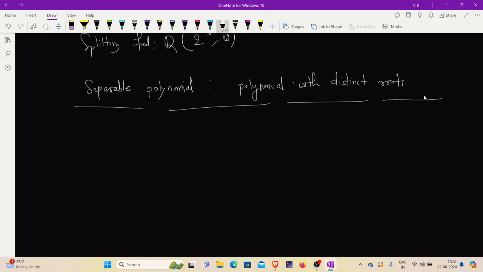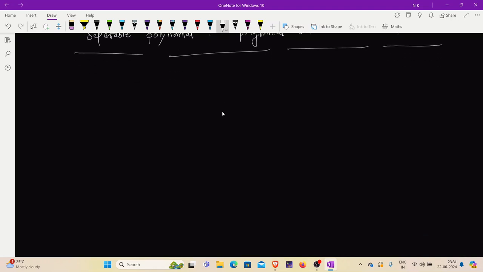So let's now start the proof of our theorem, where we want to find out the size of the automorphism group. Okay, so let me first of all assume the things given to us. Let F be a field as given to us. So suppose this is your F, right? And let f(x) belonging to F[x] be a given polynomial.